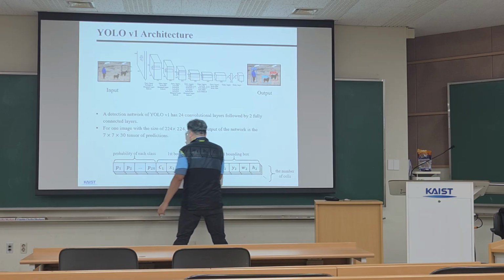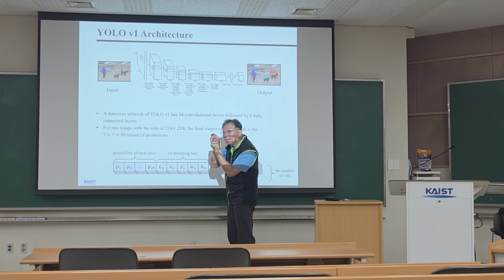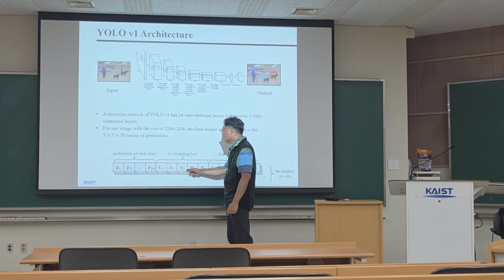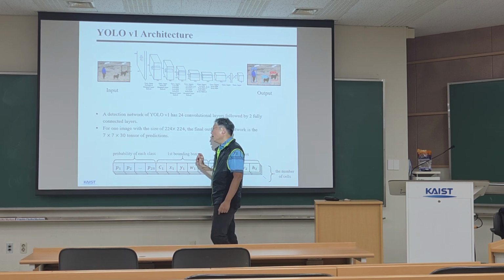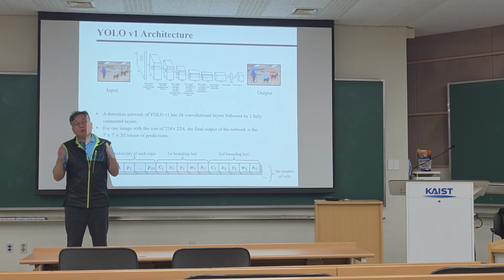And this is the width and height of the bounding box in the grid. So that's 4.